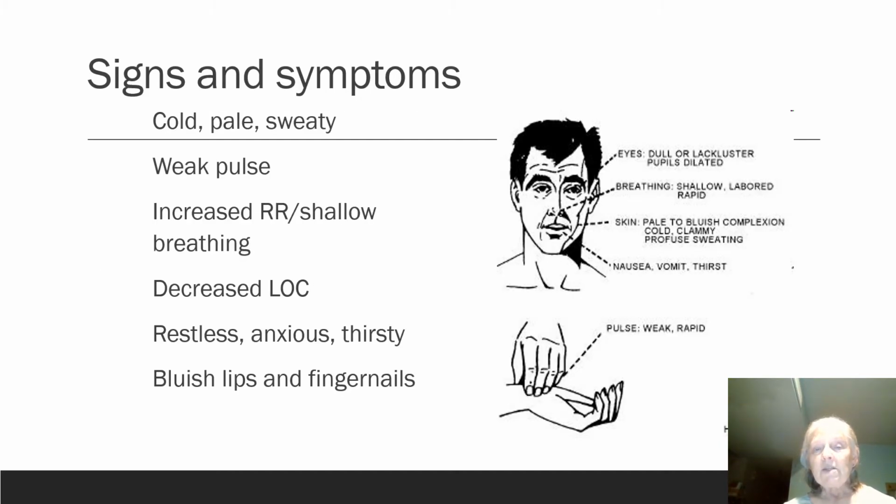So what are some of the signs and symptoms? Basically, you're cool, cold, clammy, you have a very weak pulse, either an increased respiratory rate or a shallow respiratory rate to go with it, a decreased level of consciousness, restlessness, anxiety, thirst, cyanosis at that particular point.